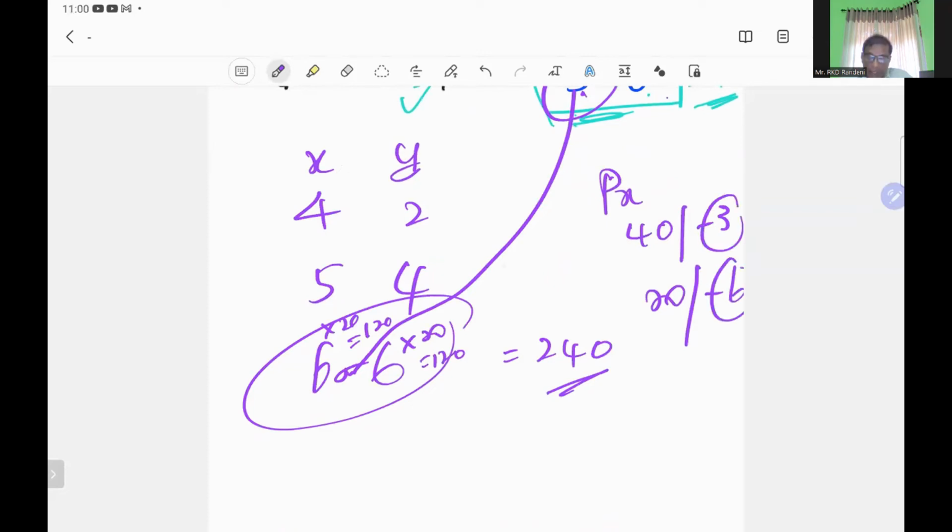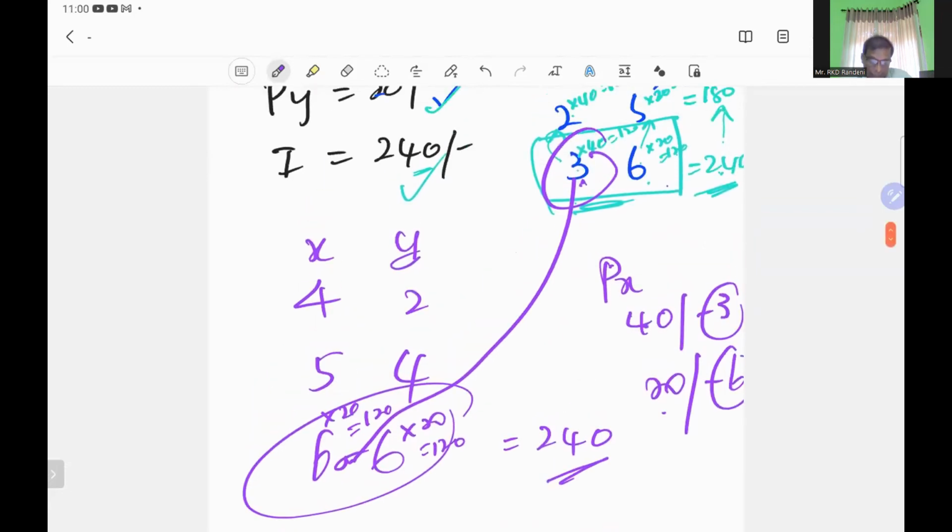Can you realize that when the price of X is reduced from 40 to 20, he can buy more from X, right? Price is reduced, he consumes more from X. That is the price theory or demand theory. Inside this theory, demand is also increasing. You can prove that, right?